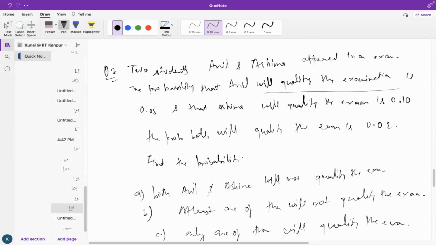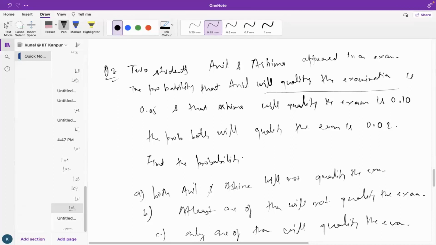If you convert this into a percentage, you just multiply it by 100. So there is only a 5% chance to qualify the exam.